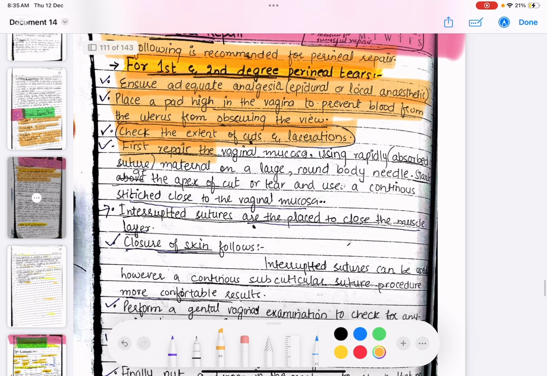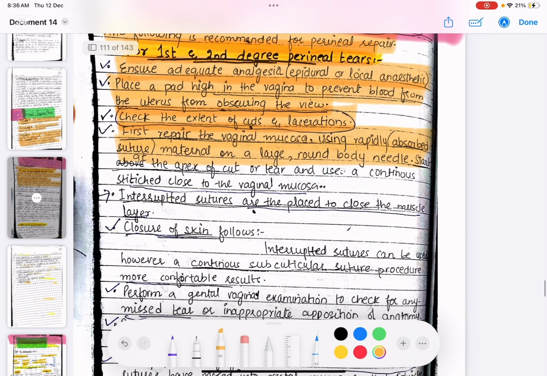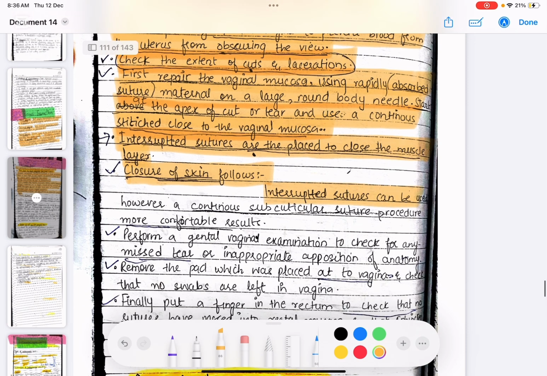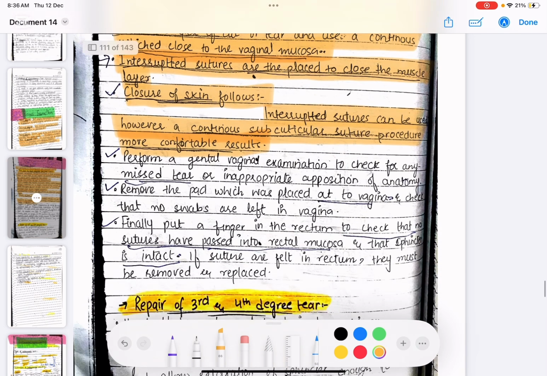Then first repair the vaginal mucosa using rapidly absorbed sutures on a large round body needle, and start at the apex of the cut or tear and use a continuous stitch close to the vaginal mucosa. Interrupted sutures are placed to close the muscle layer and closure of the skin follows. Interrupted sutures can be used, however, a continuous subcuticular suture is more comfortable.